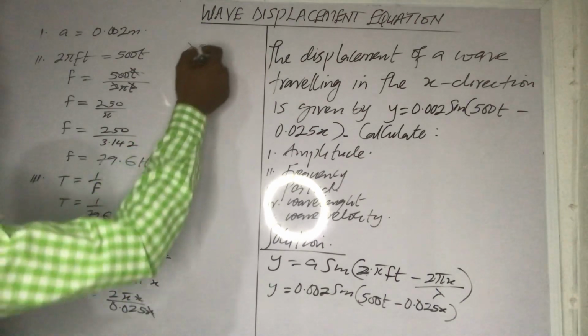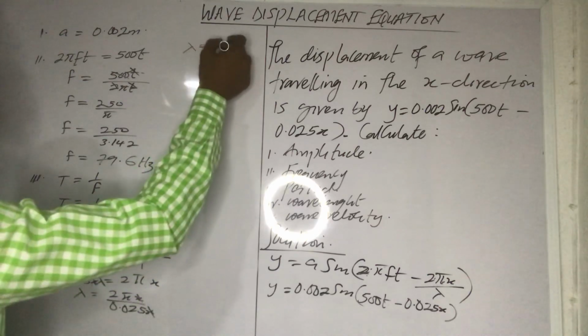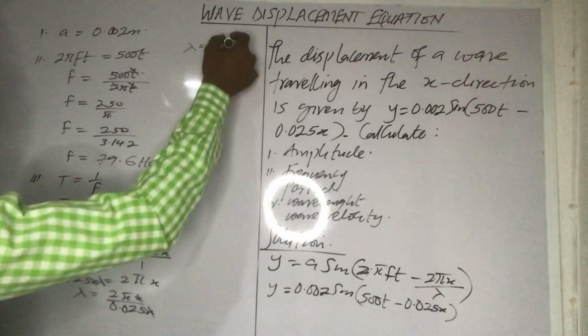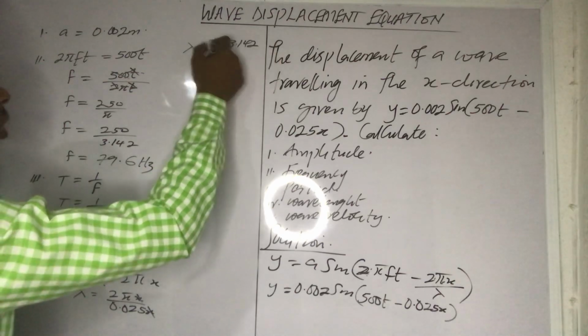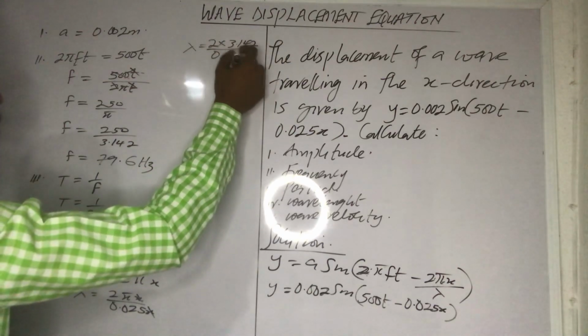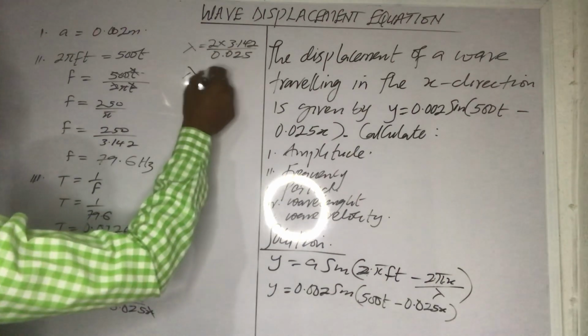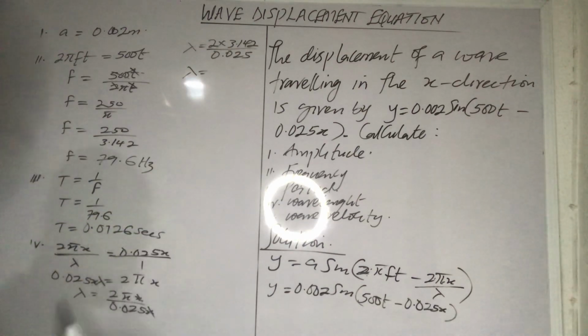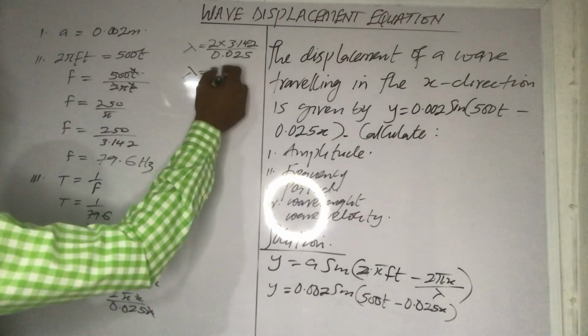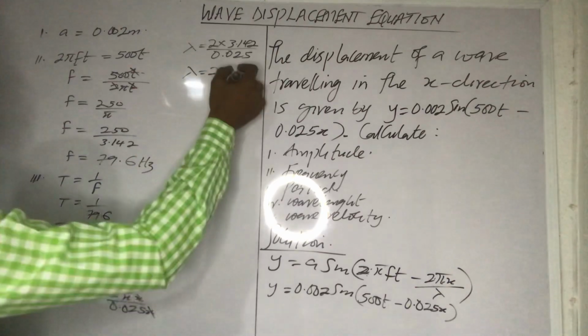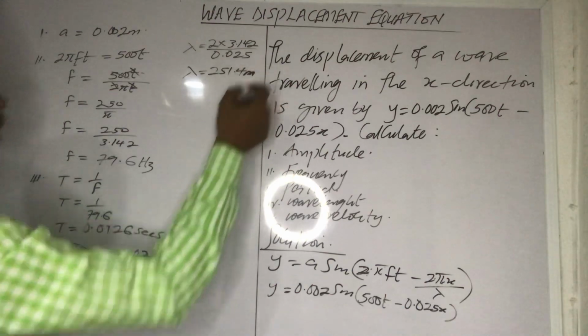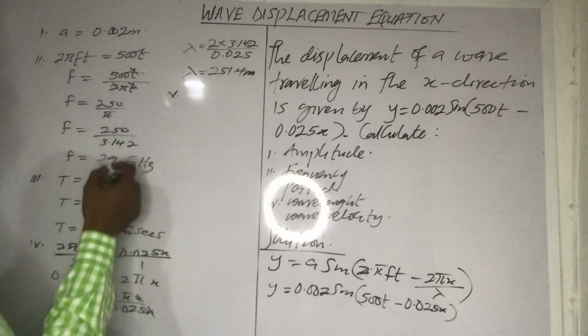So my lambda will be equal to 2 times 3.142 divided by 0.025. So that will give me 251.4 meter.